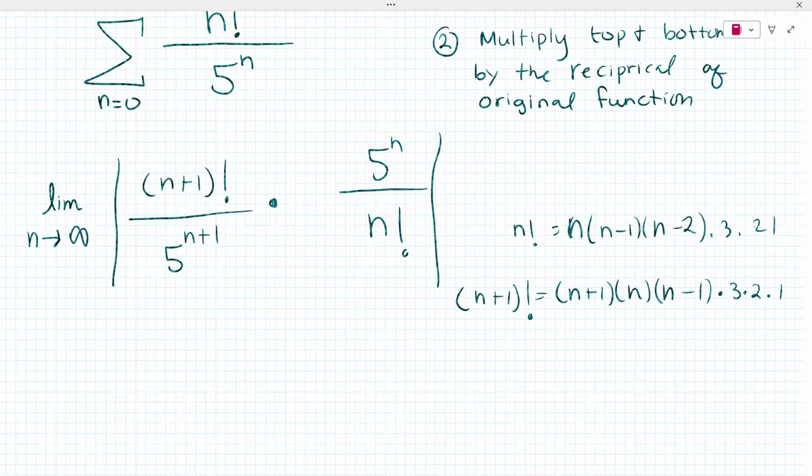Here, let me show you. So now you get the limit as n approaches infinity of parentheses n plus 1 factorial times 5 to the n.